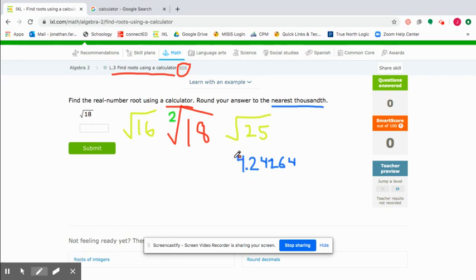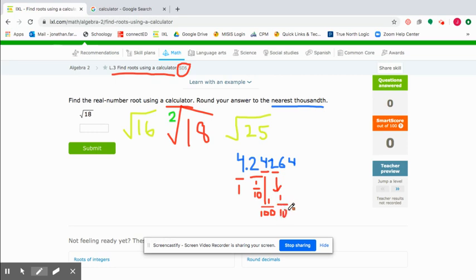This is our ones place. This is our tenths place. Right here, this 4, that's our hundredths place. And this next one, this 2, that's the thousandths place. That's 1 out of 1,000.